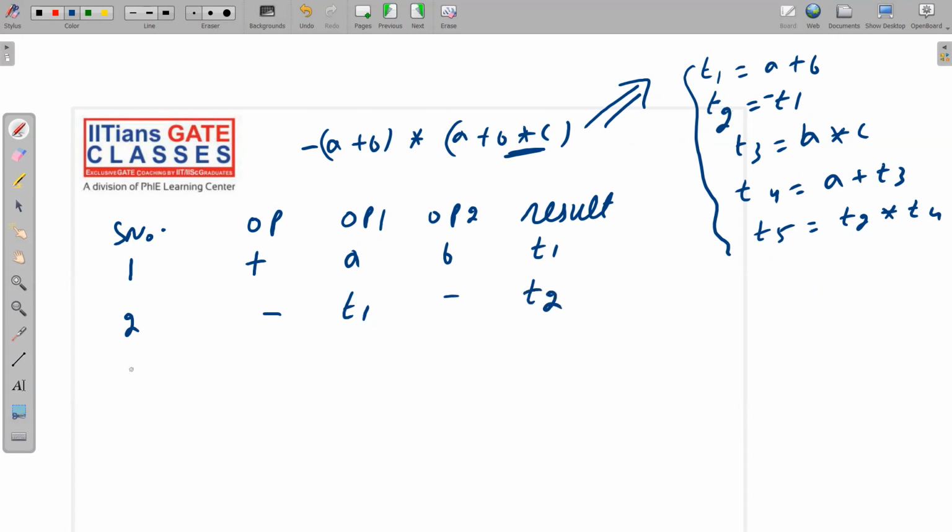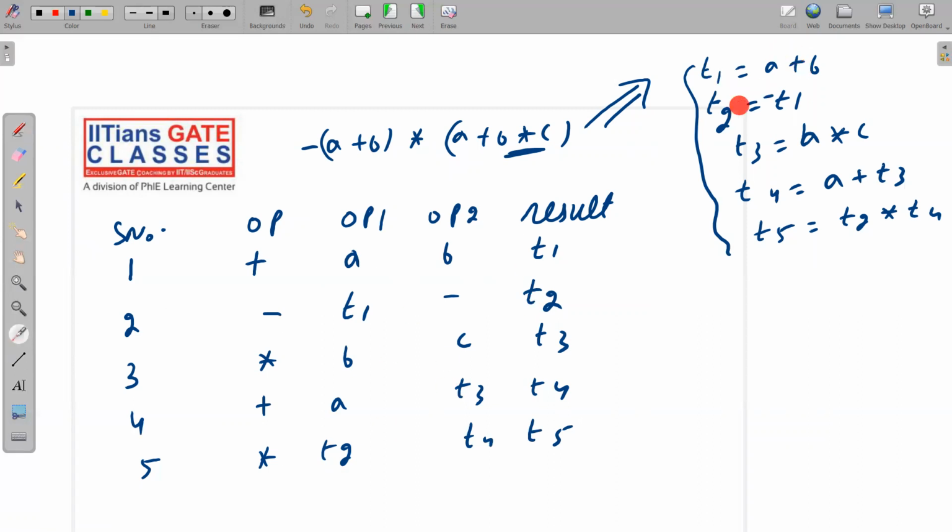You will say T2, serial number 3, multiply B, C. We have got T3, serial number 4, plus A, T3, T4, and serial number 5 will be star T2, T4, T5. I think you have got it. These are very simple. I have just noted down as it is in my table. This is known as quadruple because there are 4 columns. Forget about the serial number, that is obvious. These are the 4 columns. That's why it is known as quadruple.